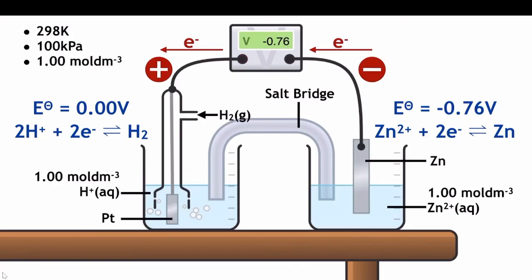What do you guys think? Are you ready? Okay. Juno. Yeah, so you're going to have the equilibrium more to the right. This is our cathode. We're getting reduction. Yes?